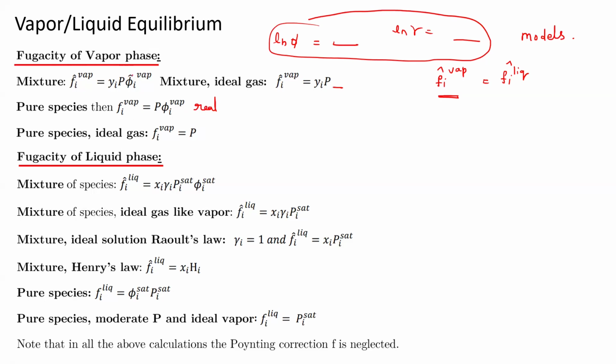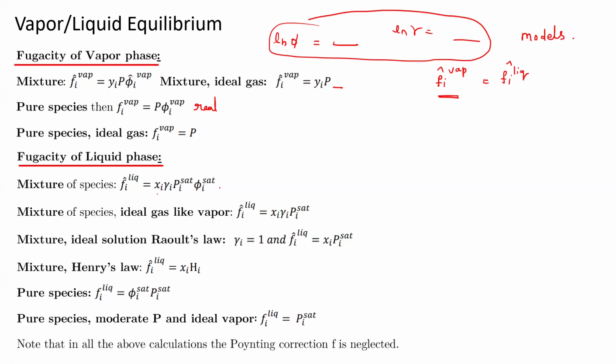If hat is there, then it is a mixture. If hat is not there, it is a single gas. And if it's a pure ideal gas, then this phi i also equals 1. Coming to the liquid phase, how will you find this for a mixture of species, as we have discussed here?